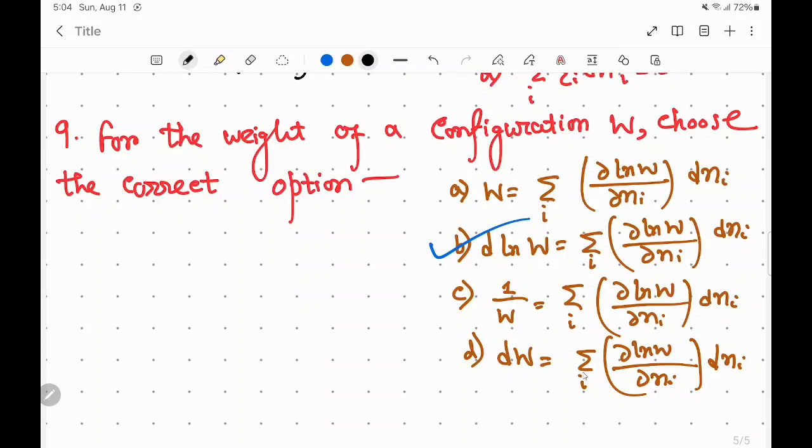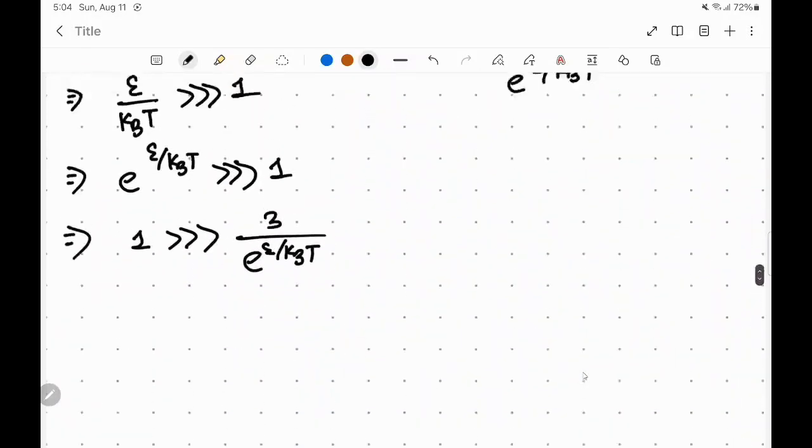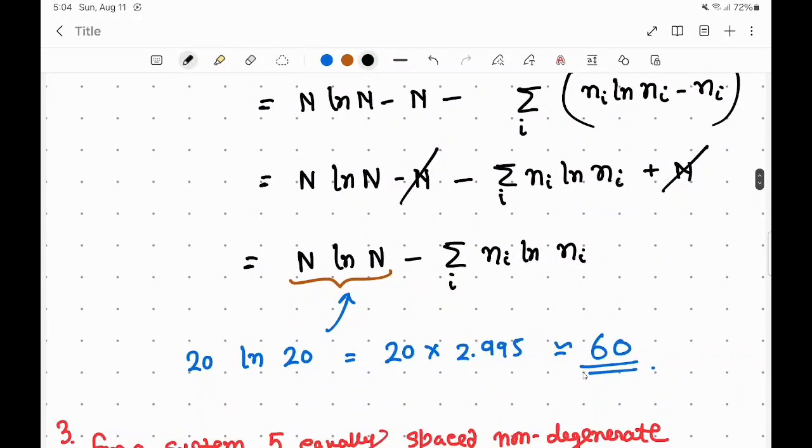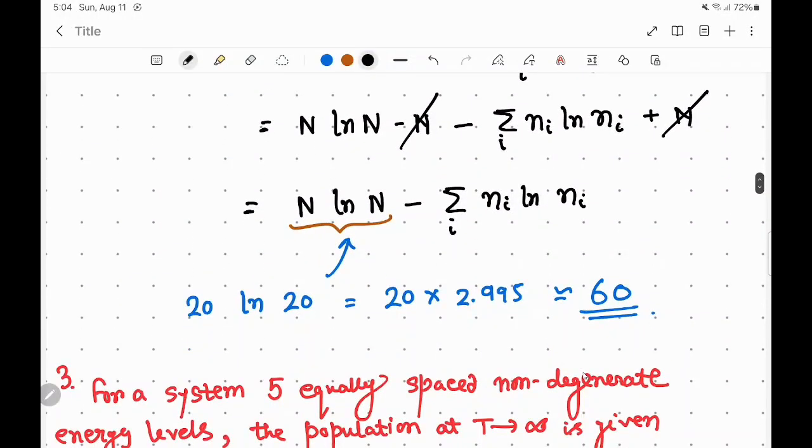How can you do it? You know W is n factorial divided by the product of ni factorial. Then you have to take log, then take the derivative. After taking log, the value will be ln W. We have already discussed this. When you take the derivative of ln W, this part will be 0 because capital E is constant.